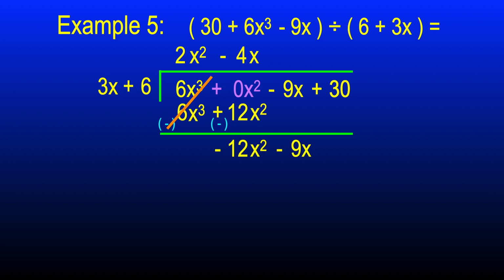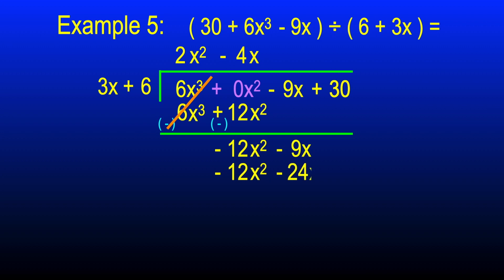Magmumultiply naman tayo dalawang beses. So, yung 3x is positive, so positive times negative is negative. Then, 3 times 4, 12. X times x, x squared. Tapos na si 3x i-multiply, si positive 6 naman. Positive times negative is negative. Then 6 times 4 is 24.